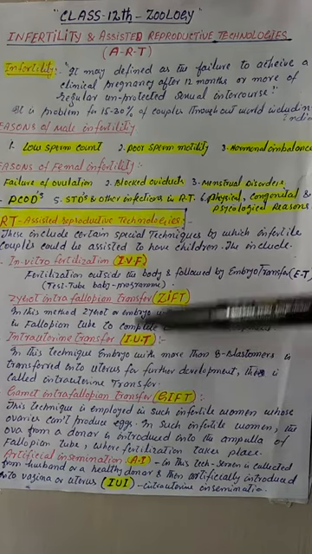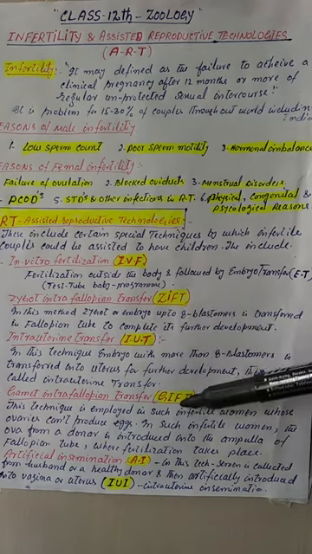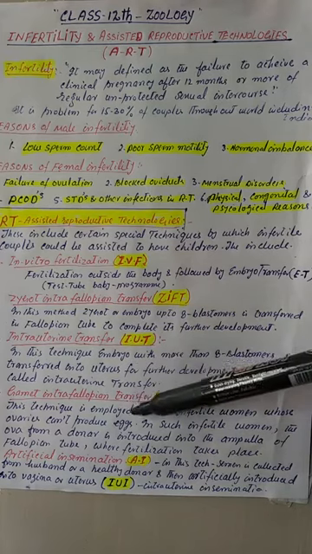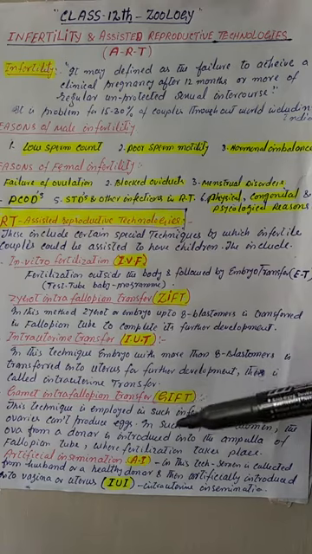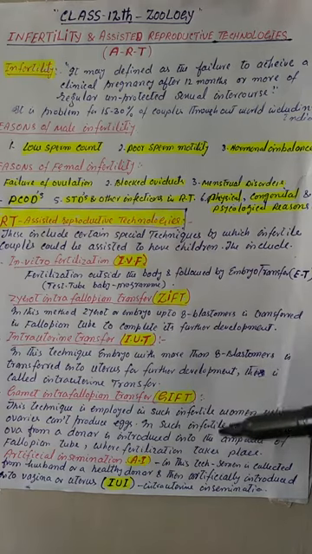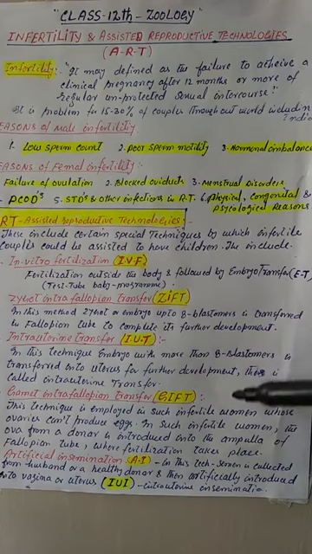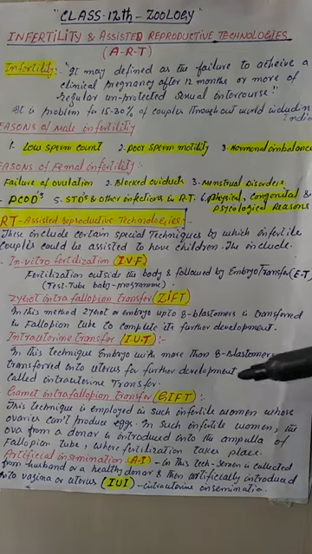Another technique is abbreviated as GIFT, which stands for gamete intrafallopian transfer. This technique is employed for infertile women whose ovaries cannot produce eggs. In such women, the ova from a donor are introduced into the ampulla of the fallopian tube, where fertilization takes place.